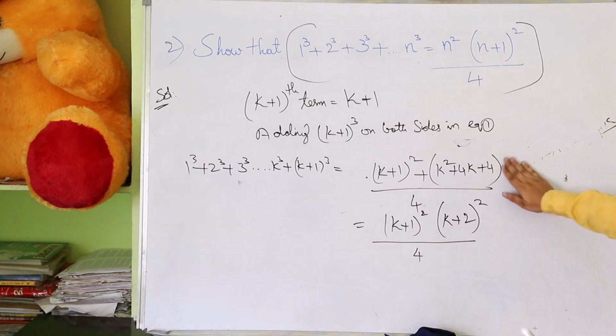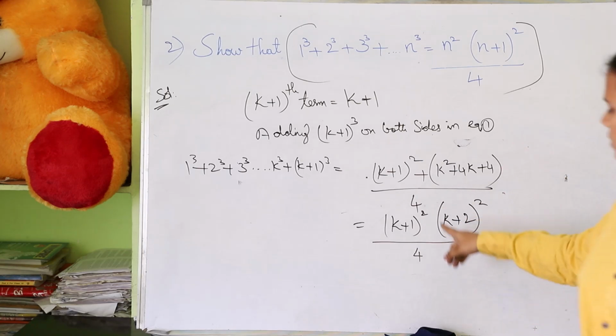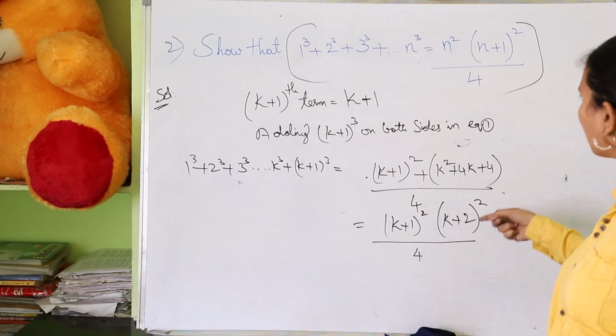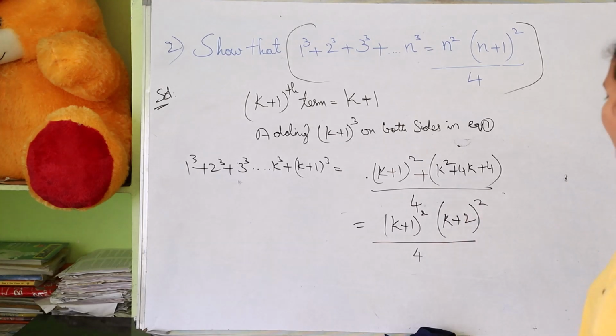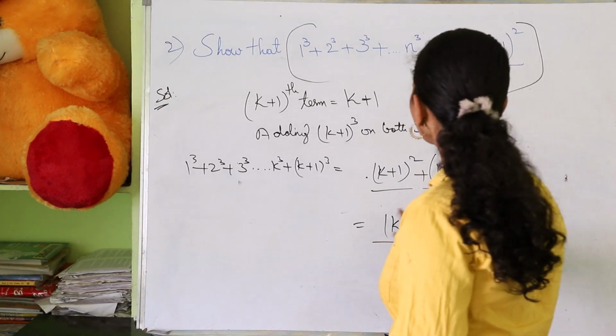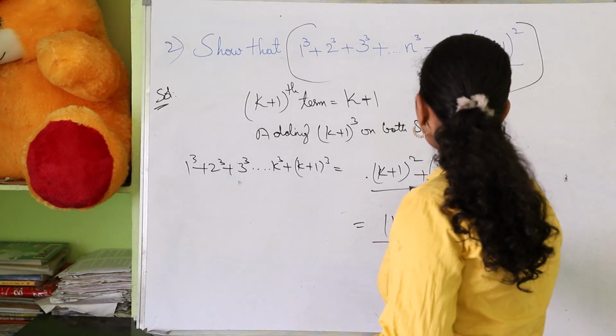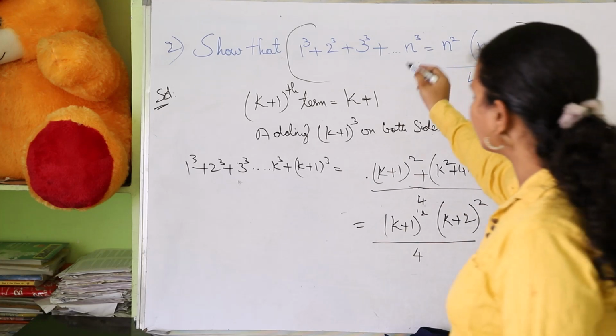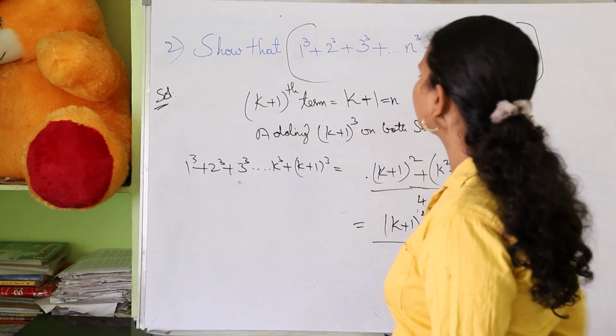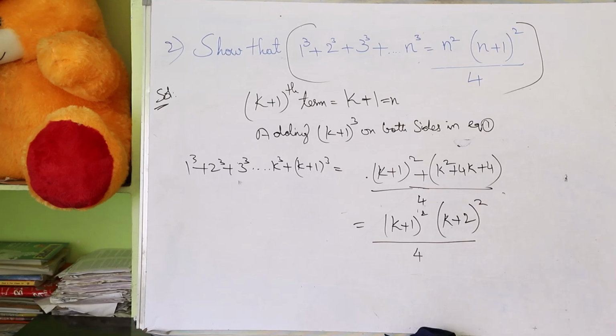Now guys, here we got k plus 1 whole square into k plus 2 whole square. Clear? Now just take a look. Here you have k plus 1 whole square. What I said firstly is that we'll consider n equal to k plus 1.